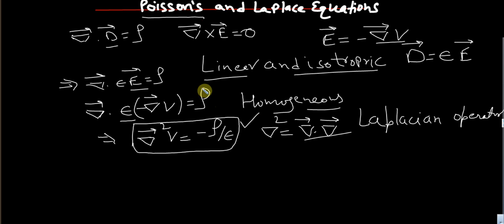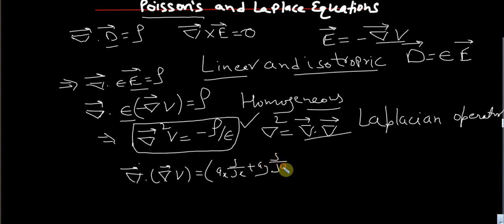Now we can write here the value of del dot del V. We know that del is ax del by del x, ay del by del y, az del by del z.